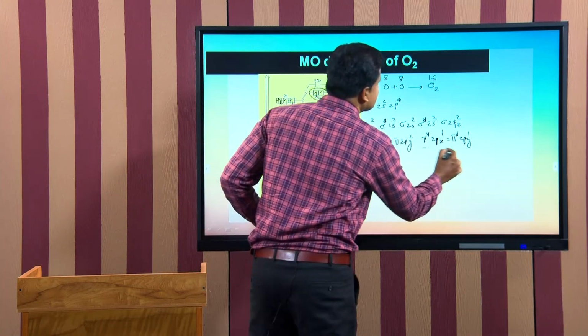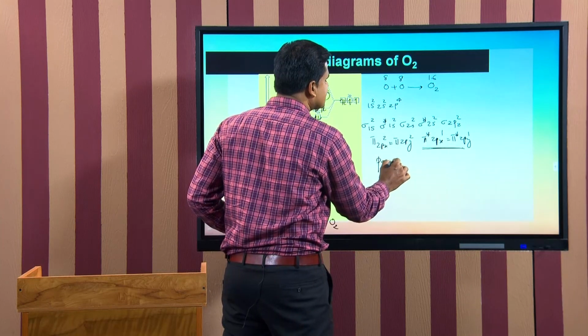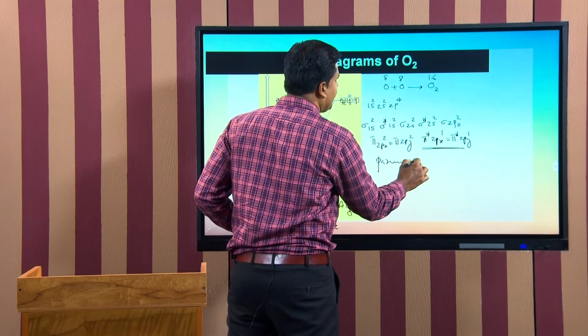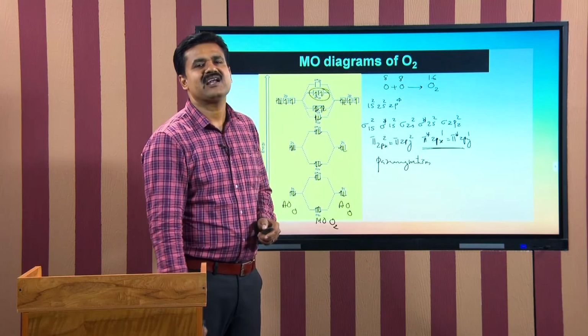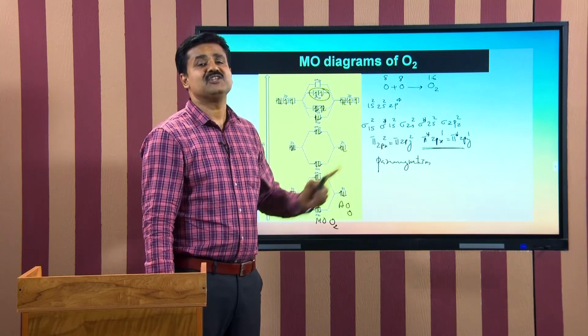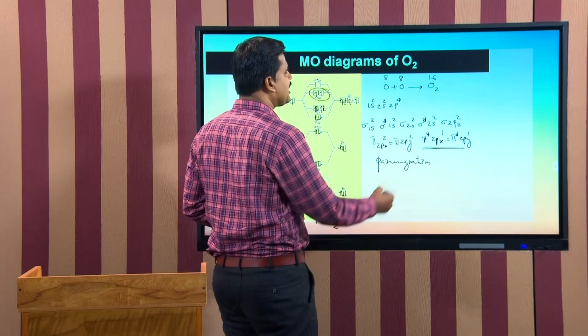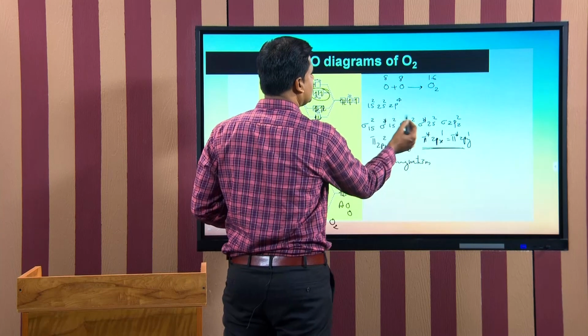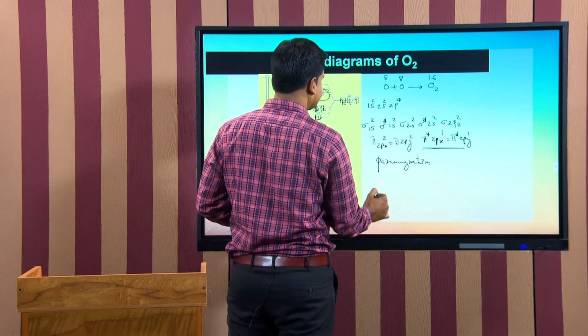Absolutely no doubt, as a result of these two unpaired electrons, the oxygen molecule definitely exhibits the phenomenon of paramagnetism. Oxygen molecule shows paramagnetism. Now we have to calculate the bond order of the system. We have to find out the number of bonding electrons: 2, 4, 6, 8, 10.